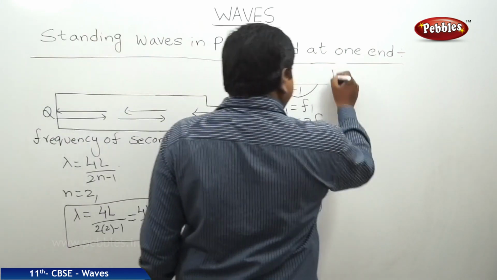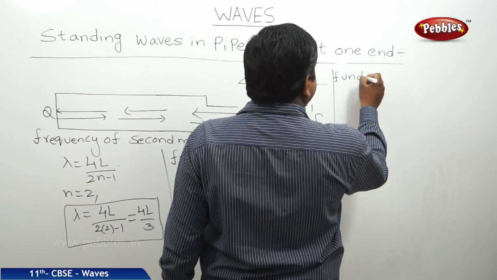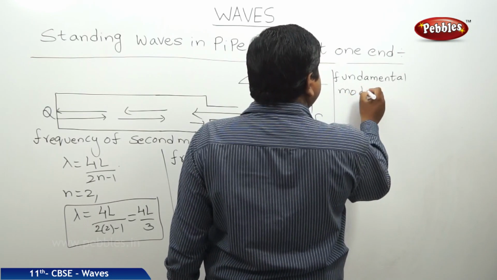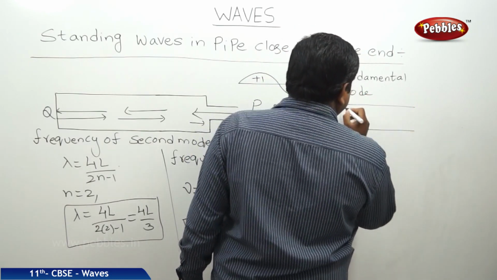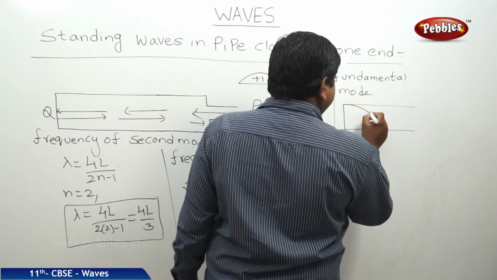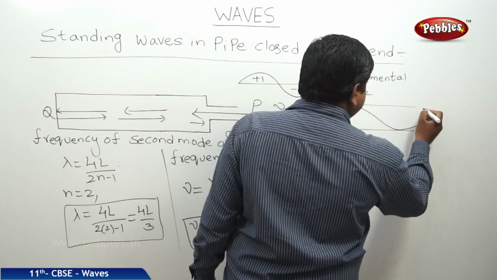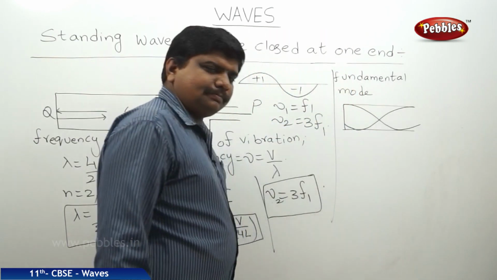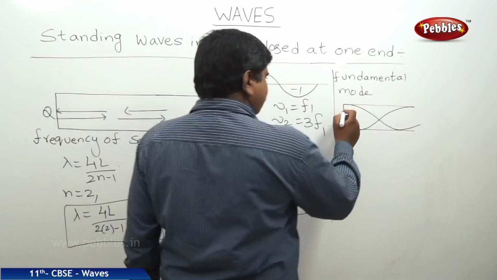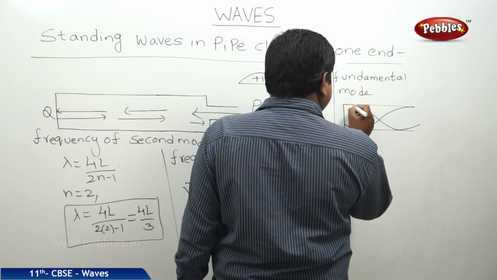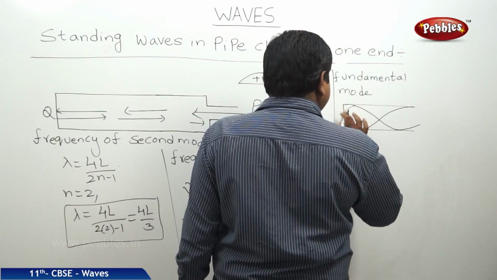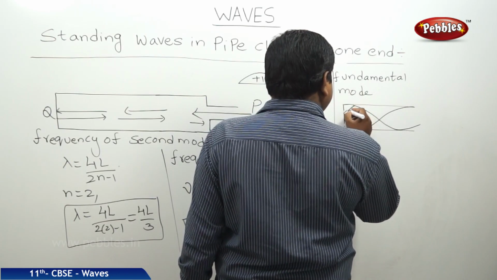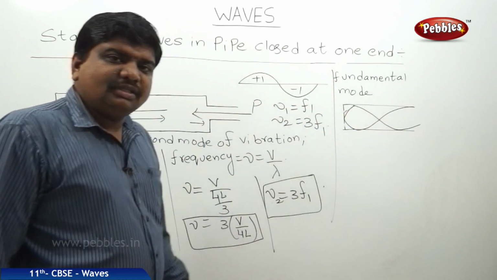For the fundamental mode, only one loop will form. This is the pipe open at one end. Only one loop will form, like this. Or it will be closed at this end. What about the second mode of vibration?